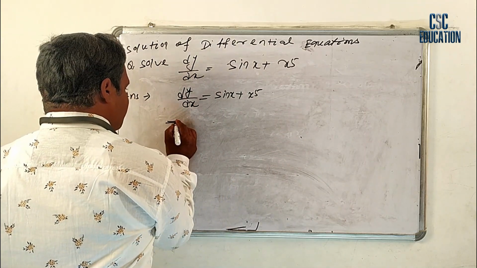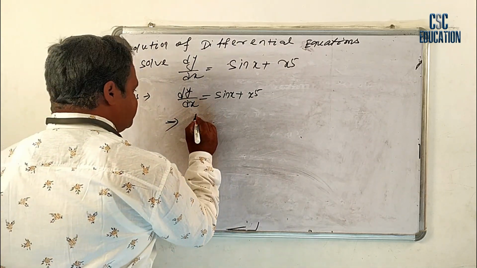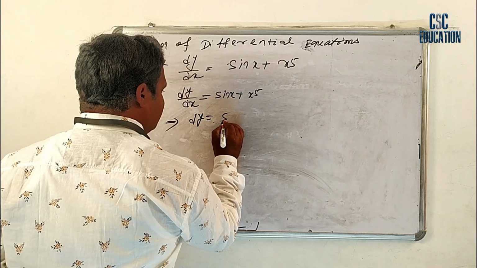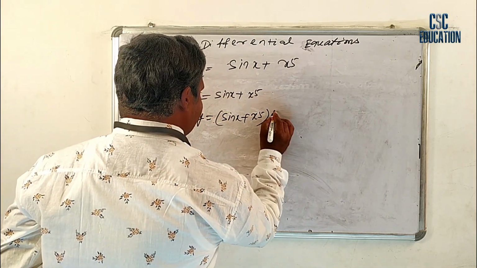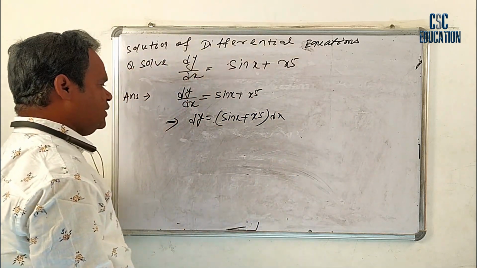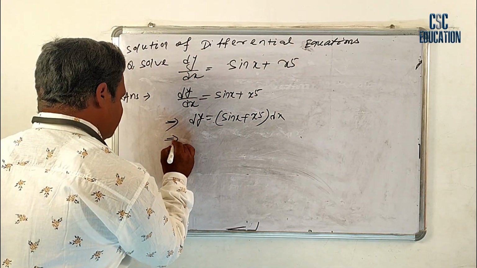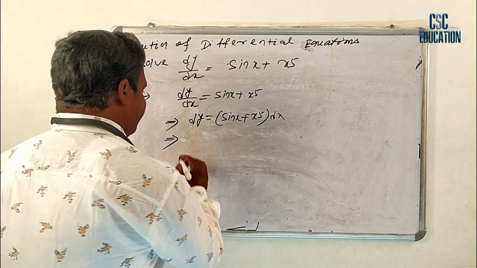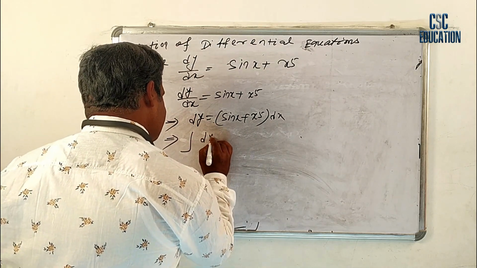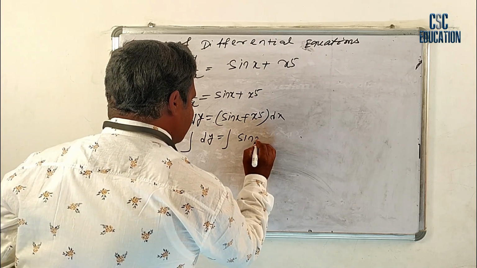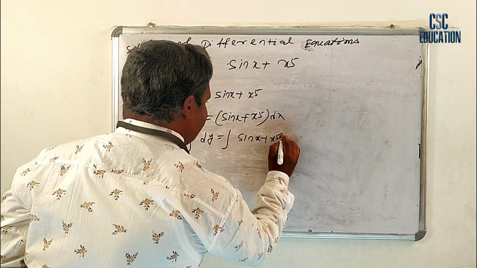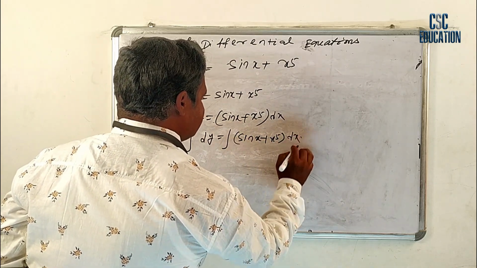That means we separate the variables: dy equals sin x plus x to the power 5 dx. Then integrating both sides, dy equals the integration of sin x plus x to the power 5 dx.